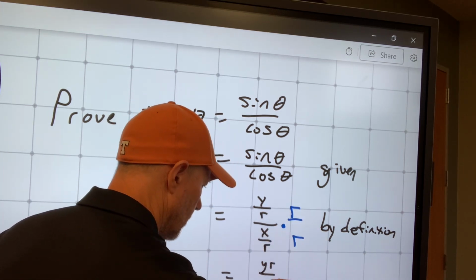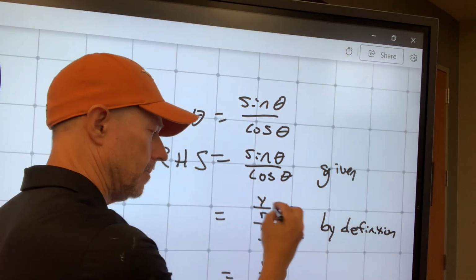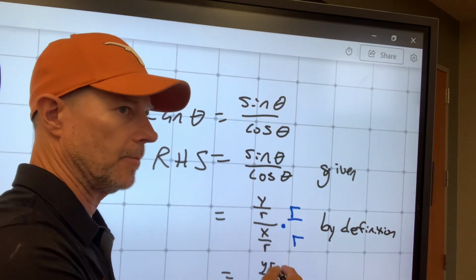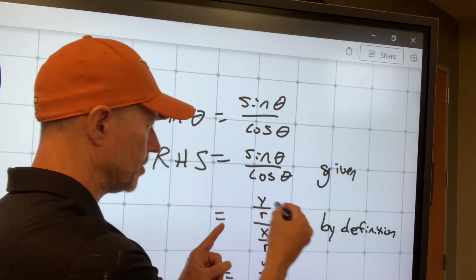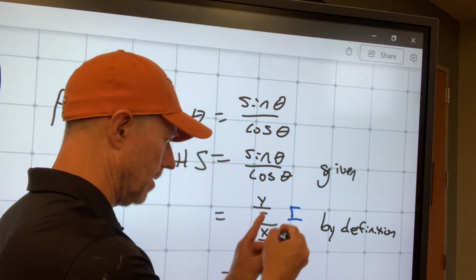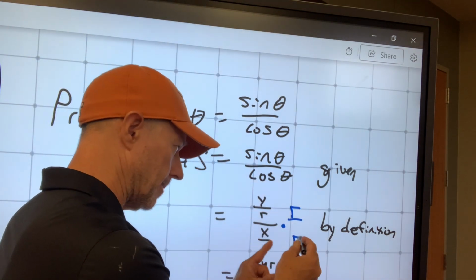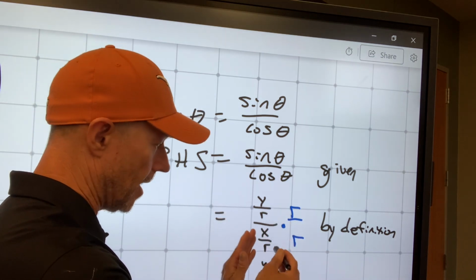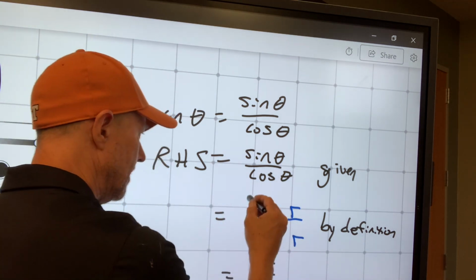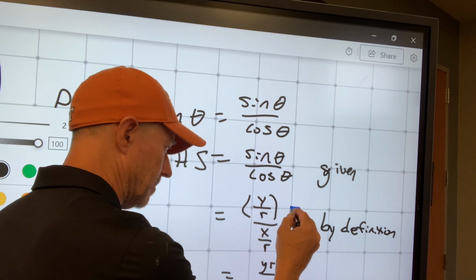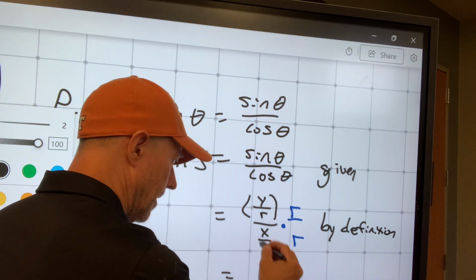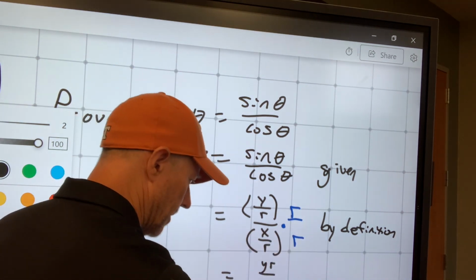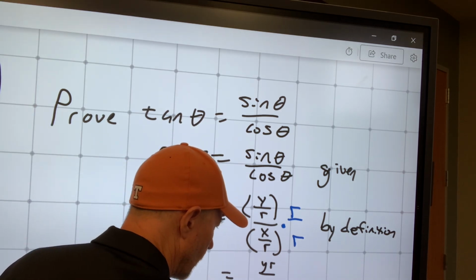You don't multiply just the top, and some students multiply the top and the bottom. That's not what I'm doing. I'm multiplying this fraction by r, but I'm also multiplying the bottom fraction by r. So I am multiplying the numerator and the denominator, but this is my numerator, and it's being multiplied by r, so I get this. And this is my denominator being multiplied by r, so I get this.